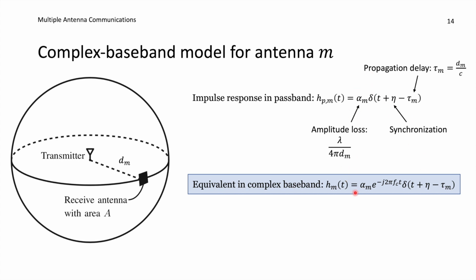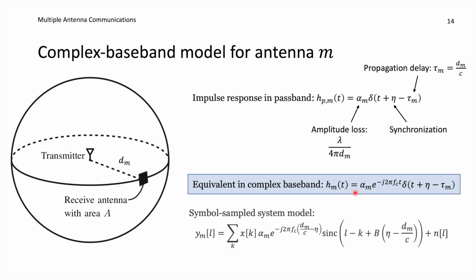And then when developing a complex baseband model by sampling things, using pulse amplitude modulation, all of the properties that are needed in order to reach that point, the symbol sample system after our sampling is that at the mth antenna, at time index l, we receive a summation over the symbols that we are transmitting at different sample time indices.